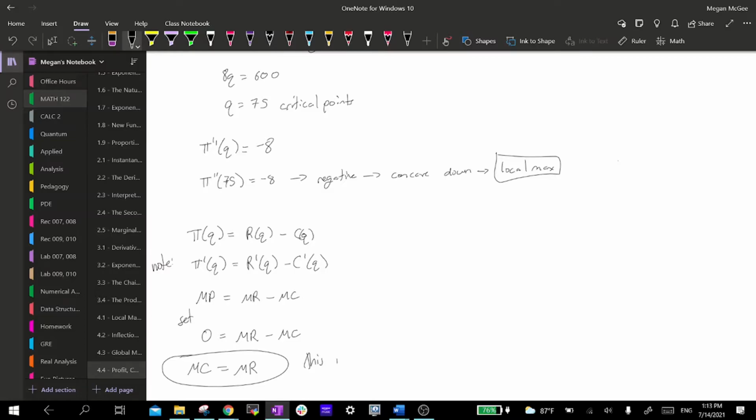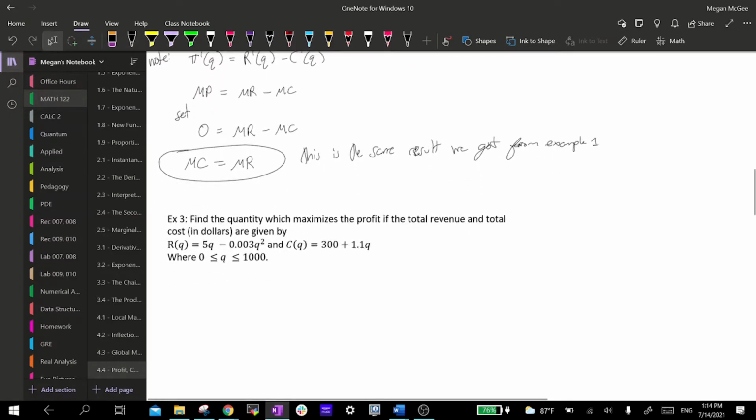And this is the same result we got from example 1, right? So it's just a few different ways to look at finding the max profit, okay?